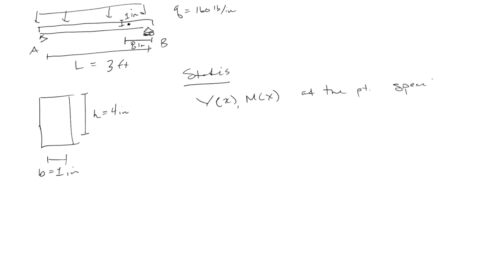You'll go through the process of computing reactions, computing the shear and bending moment diagram, or you can even just cut the beam right at the location and measure the shear force and the bending moment at that location without plotting the entire diagram.